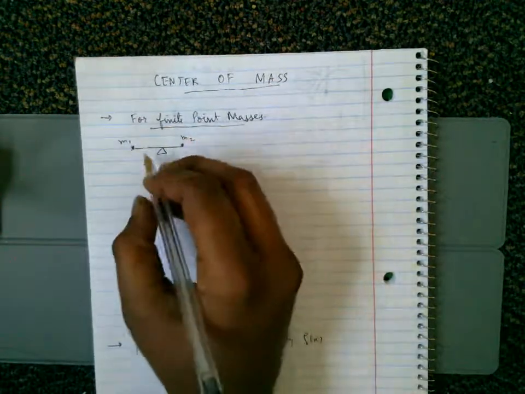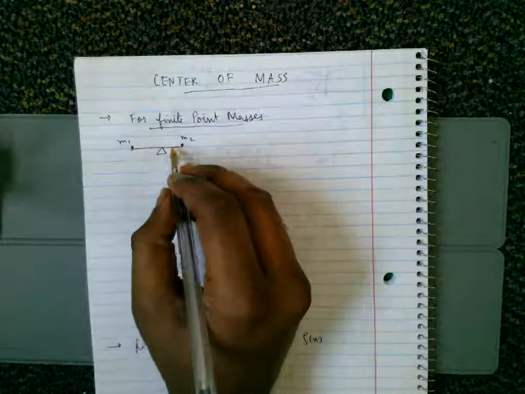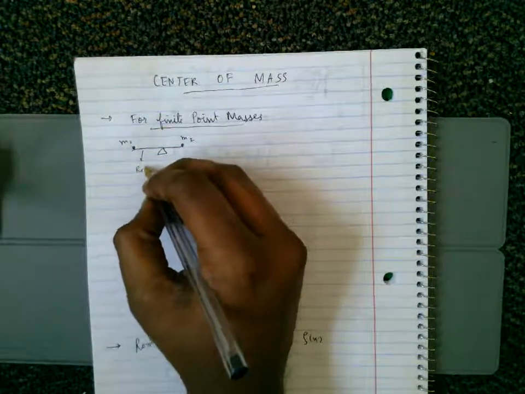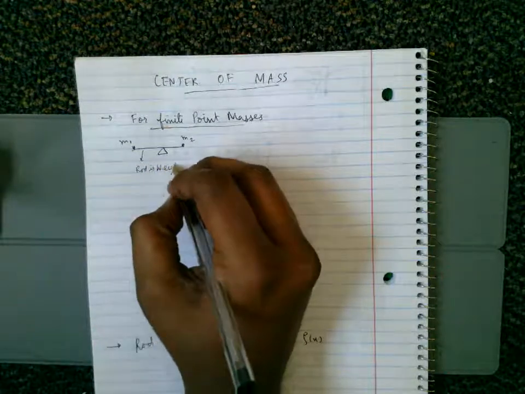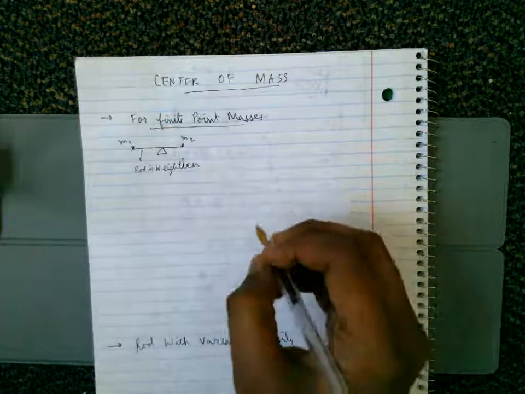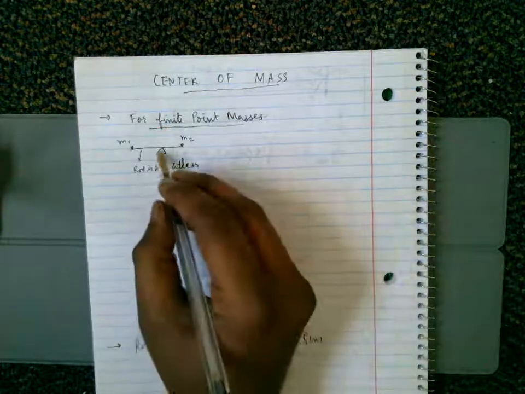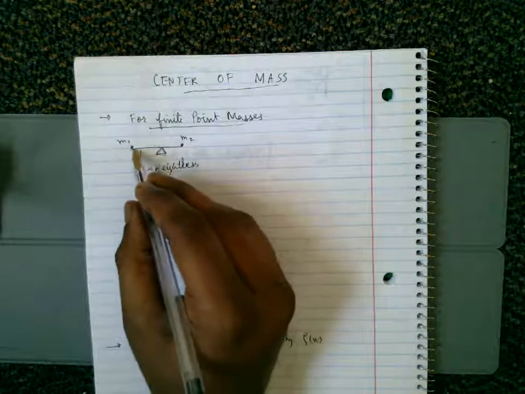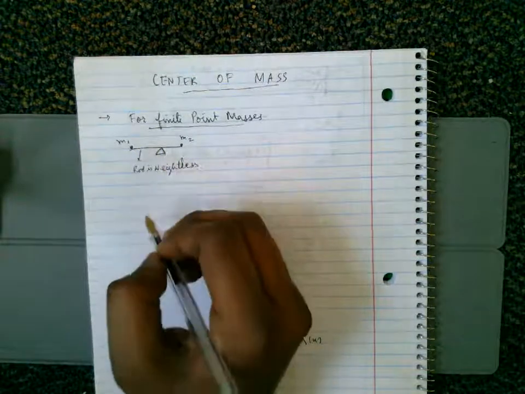This is a point of mass m2, and this scale rod is weightless. Well, then we want to find out where to put this lever so that this rod balances.